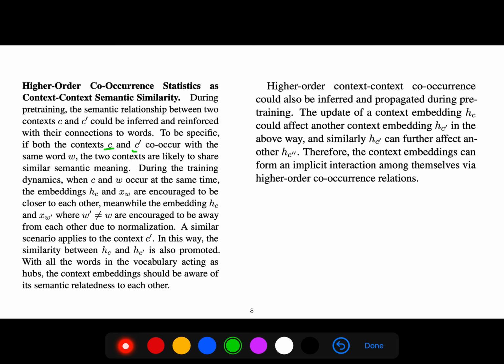During the training dynamics when C and omega occur at the same time, the embeddings are encouraged to be closer to each other, while the embeddings are encouraged to be away from each other due to normalization. So these are higher order context co-occurrence that could also be inferred and propagated during pre-training.